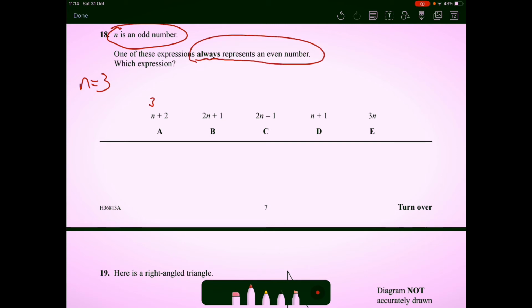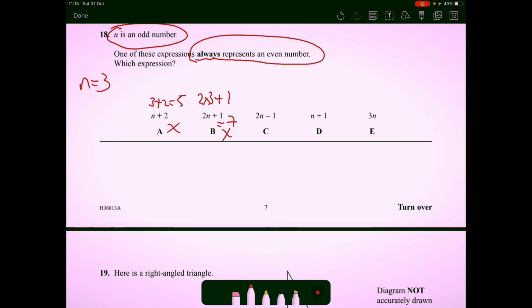So what happens when we put n equals 3 into this one? Well, this is going to end up being worth 5. Is that an even number? No. Okay, let's try the next one. If we take n equals 3, as we've done here, 2 times 3 plus 1 is going to give us 6 plus 1 equals 7. Is that an even number?